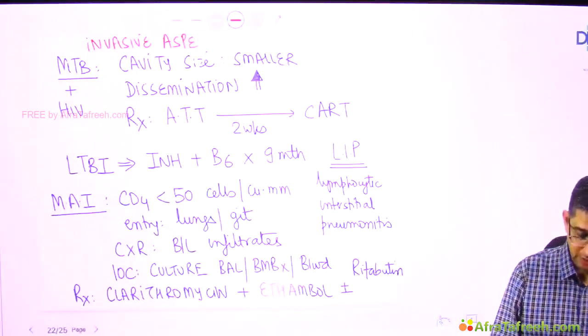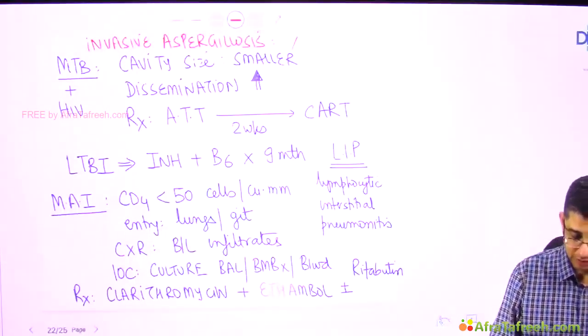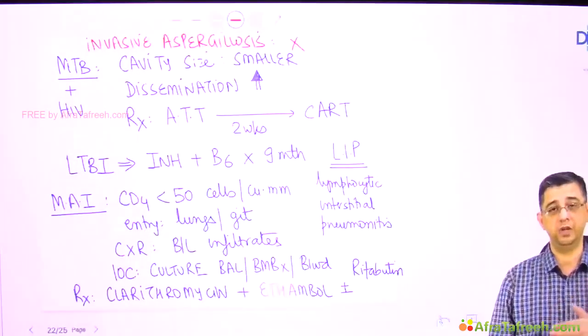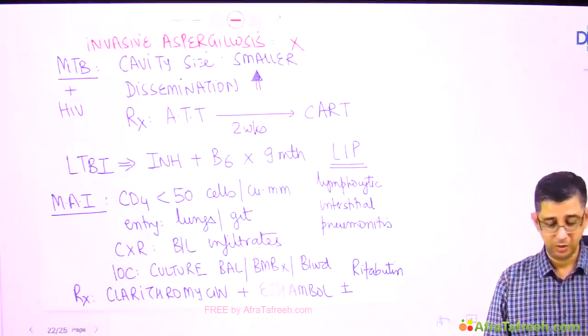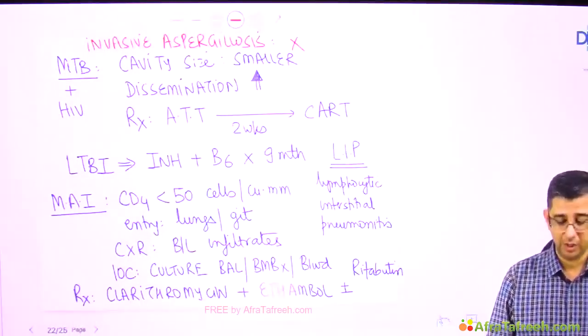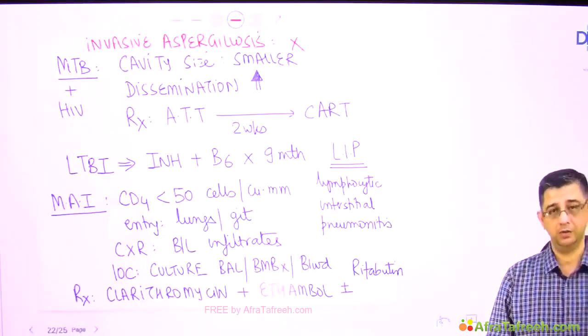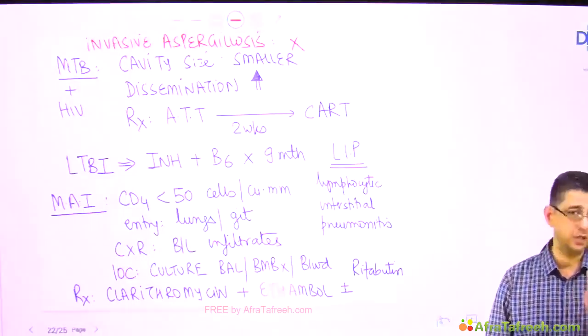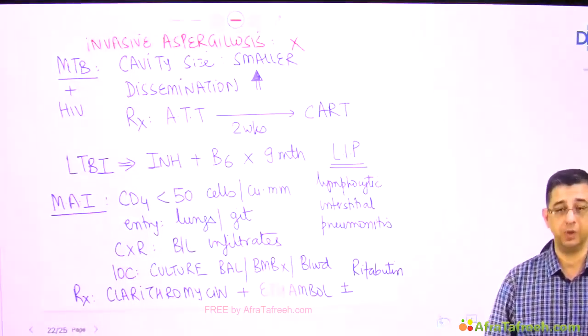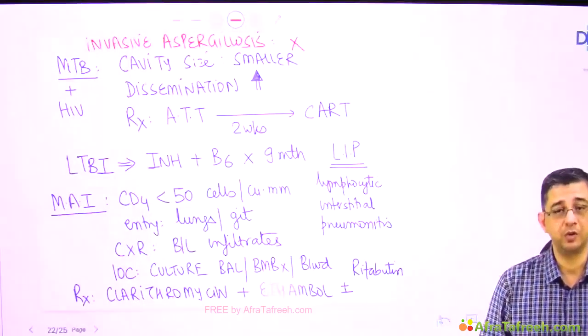So in this entire discussion, invasive aspergillosis has not come, and that is itself a question: which of the following infections, with options histoplasmosis, coccidioidomycosis, Mycobacterium avium intracellulare, and aspergillosis, is not seen in AIDS positive patients. Then the answer should be given as invasive aspergillosis.